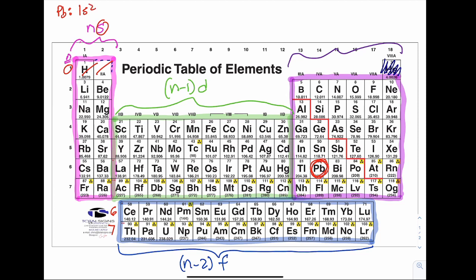There's no anything else for 1, so now I'm at 2. I'm still in S, there's 2 of them. Going across, I'm now here. So 2p, there's 6 of them. So that finishes off my second period.